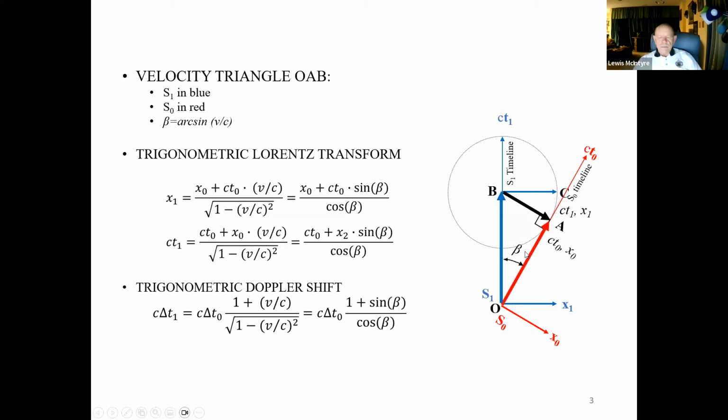The sine of beta equals V over C. This allows the Lorentz transform and Doppler shift to be written trigonometrically as shown. The Lorentz transform simply equates the measurement x0 and ct0 in one reference frame to a measurement as observed in another, x1 and ct1.